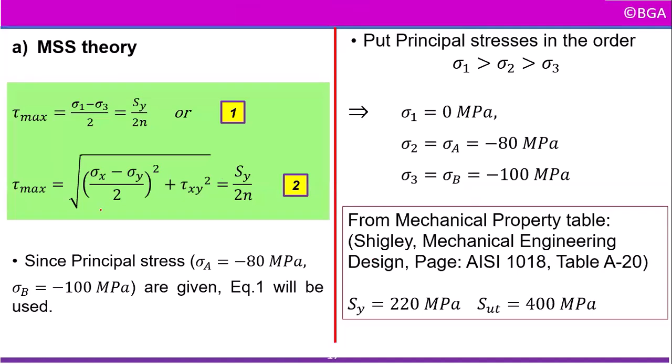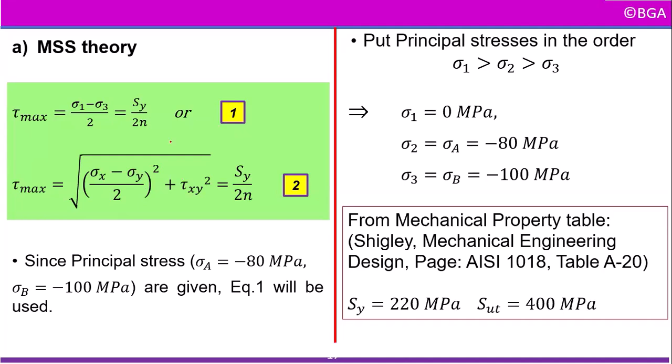Now let's find the factor of safety using maximum shear stress theory. From our previous lecture, we know that maximum shear stress theory is expressed either in terms of principal stress like this, or in terms of applied stress or induced stress like this.